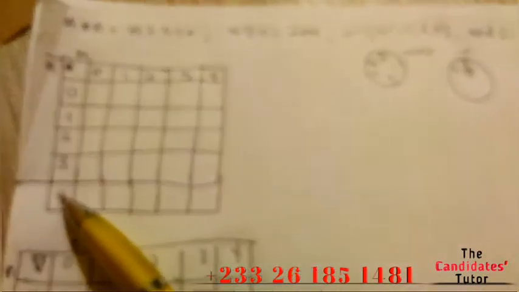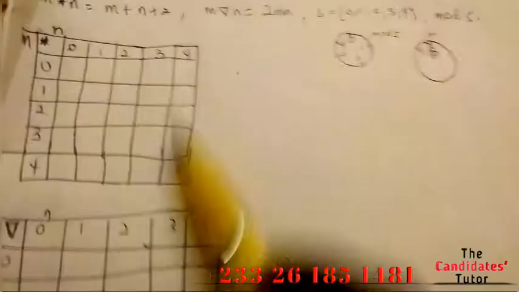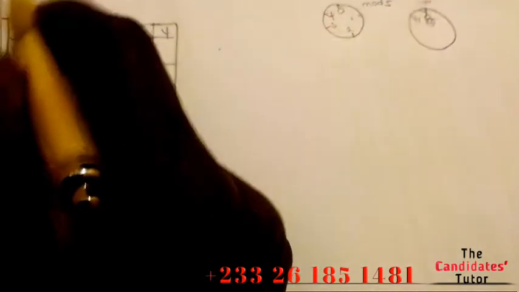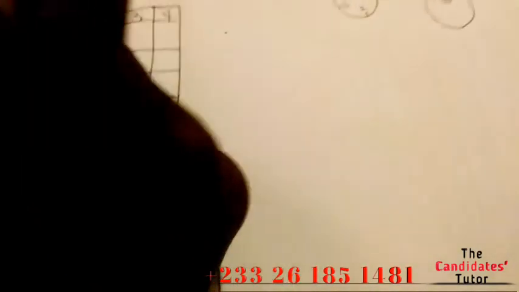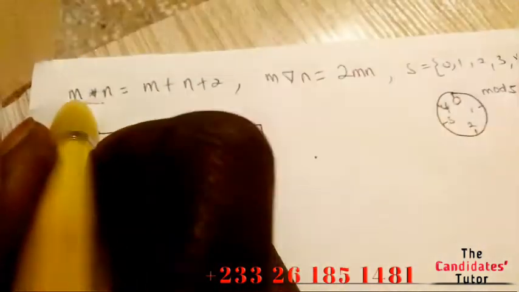Now our instruction says that according to the question, we have to fill in this. So let's see how you are going to fill it. This is the definition for the star.